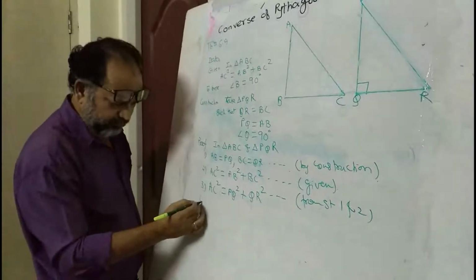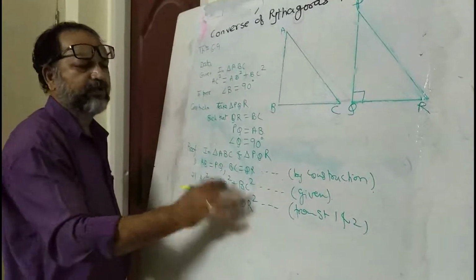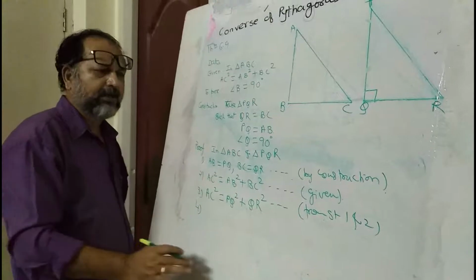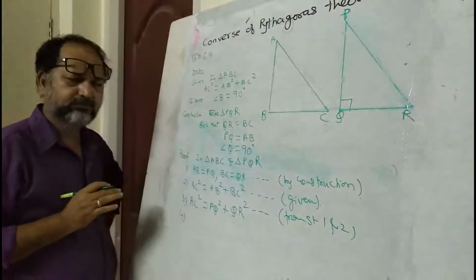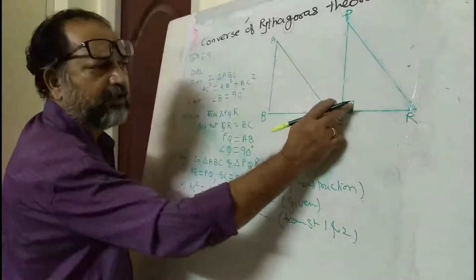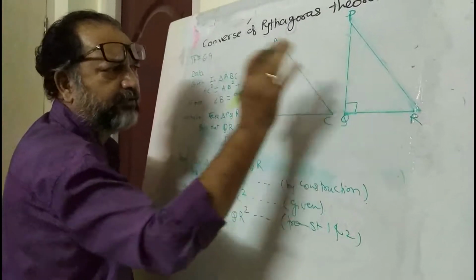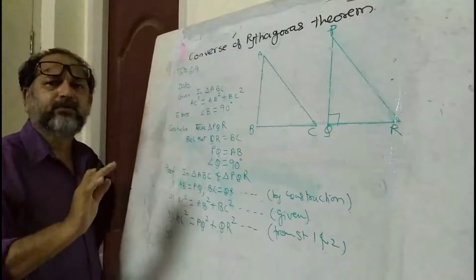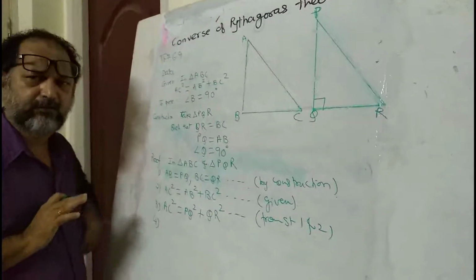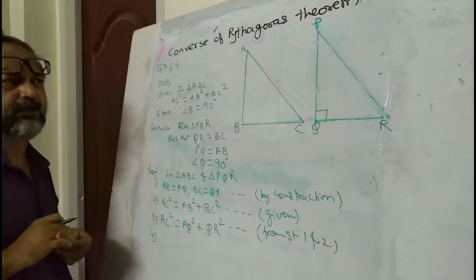So what we can do now is AC square is PQ square plus QR square. Okay, this is there. But in this triangle, because this triangle is a right angle triangle, not this one, this one is a right angle triangle, we can apply the Pythagoras theorem. Pythagoras theorem is applied in a right angle triangle.